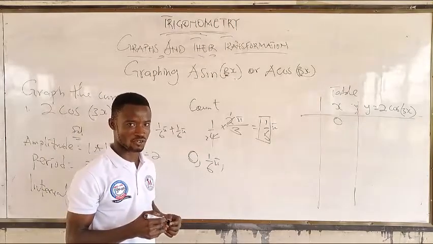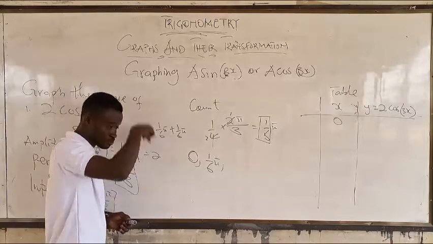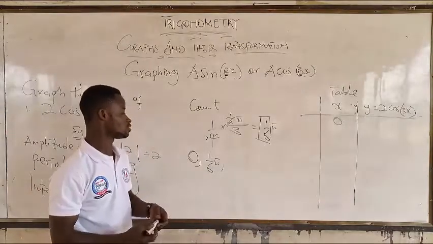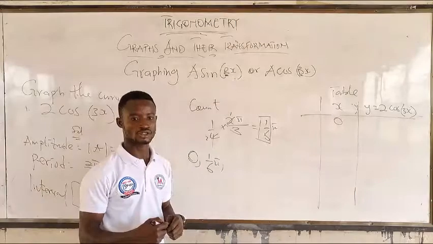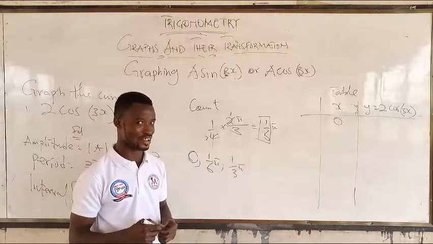That will be somehow confusing for you. So, add 1 over 6 to 1 over 6 pi, rather, so that you will not be confused. So 1 over 6 plus 1 over 6, and you are going to get 1 over 3. So here 1 over 3, then you bring the pi. I hope it's clear. You're getting what I mean.